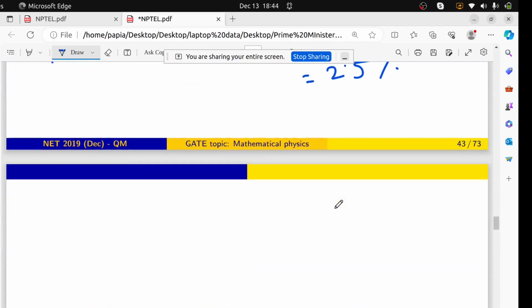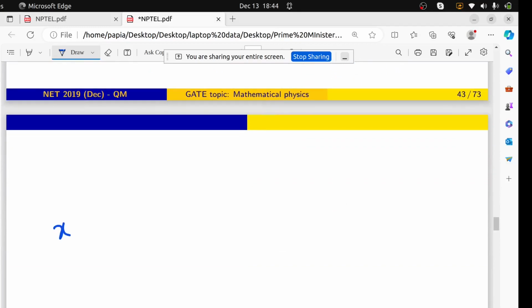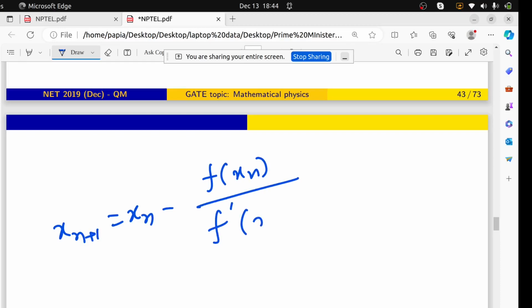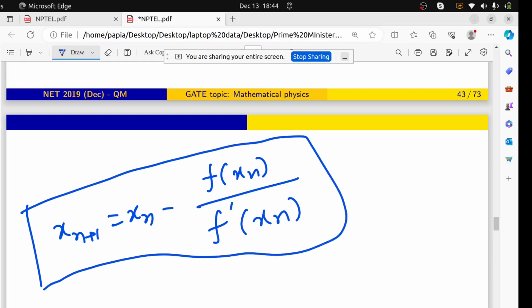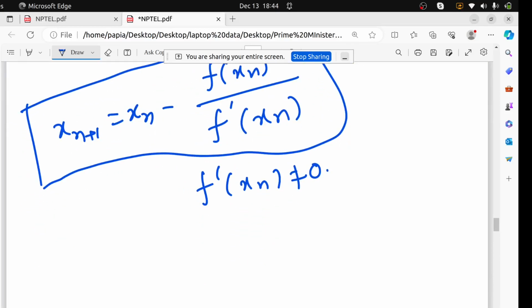So for this case, what we need to remember? We need to remember this one, nothing else: f of xn divided by f prime xn. And the condition will be f prime xn should not be 0. Here what was the f prime xn? The f prime xn was 2 into x.